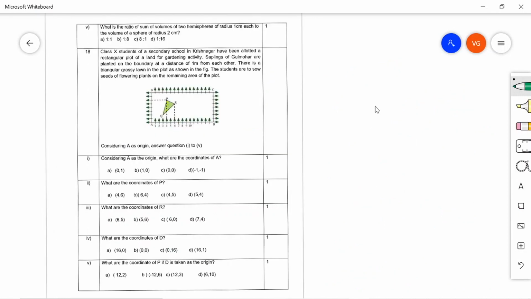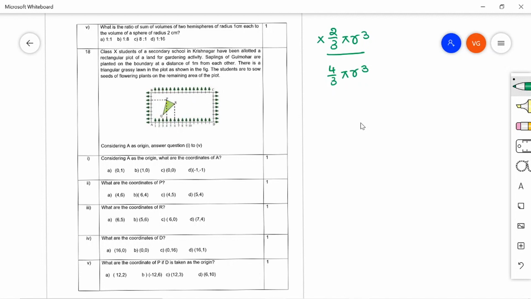The last subsection in the first case study here is, what is the ratio of the sum of the volumes of two hemispheres of radius 1 centimeter each to the volume of the hemisphere of radius 2 centimeter. So here they are asking to find out the ratio of volume of hemisphere to volume of sphere. So you must know the formula. Volume of hemisphere is 2/3 pi r cube divided by volume of the sphere, 4/3 pi r cube.